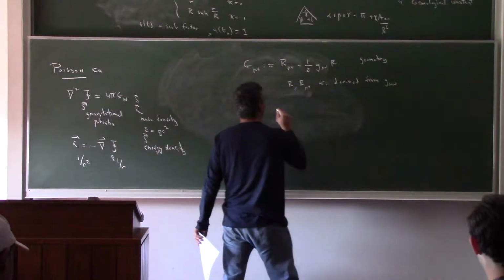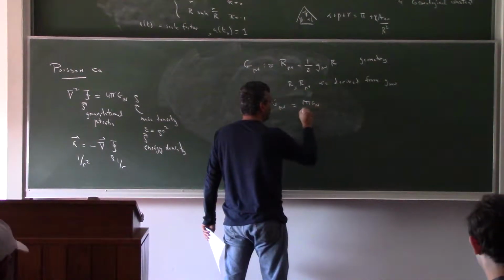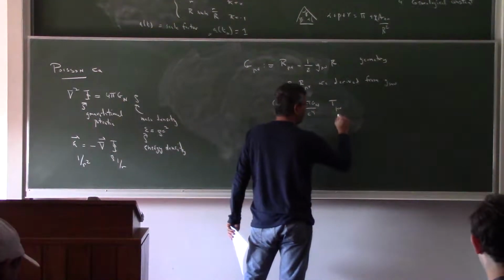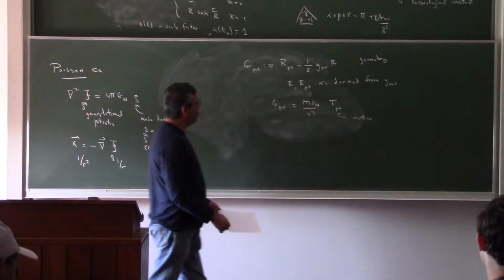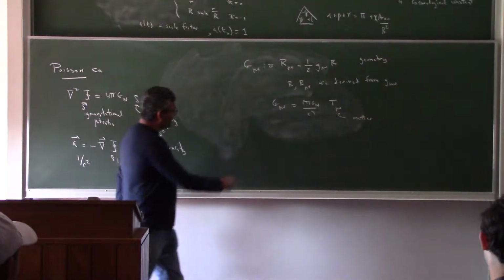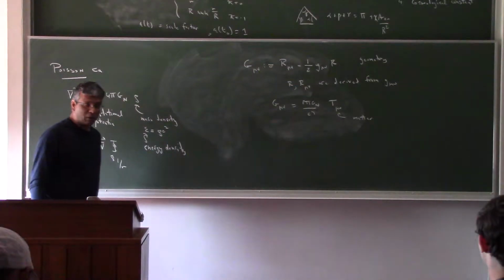And the Einstein equation was that G mu nu is 8 pi G Newton over c to the fourth T mu nu, where T mu nu describes the matter. So the Einstein tensor is proportional to the stress energy tensor, according to the Einstein equations.